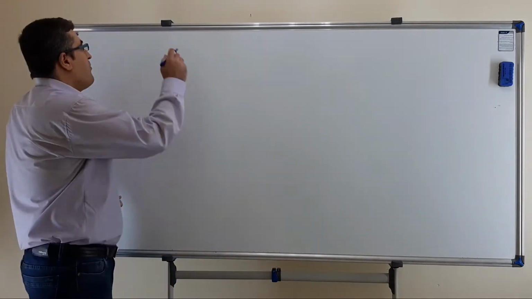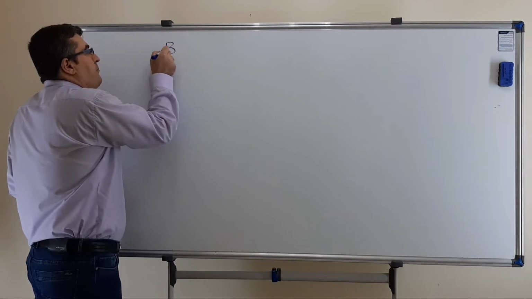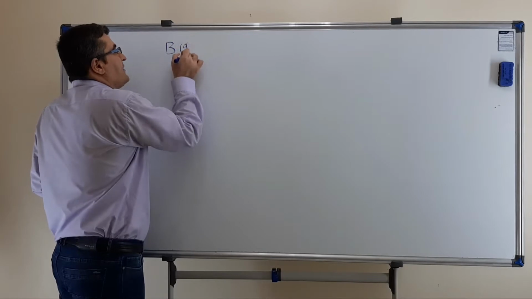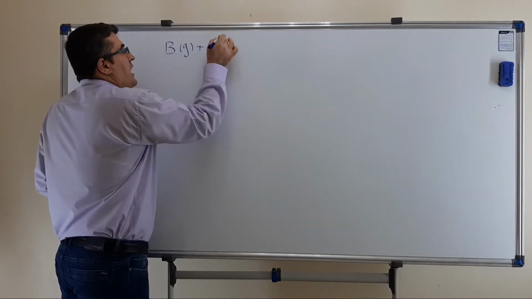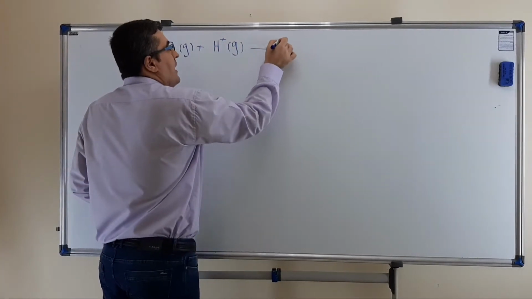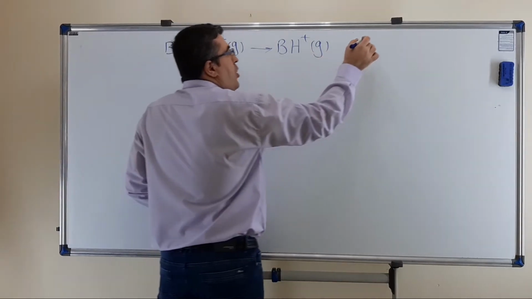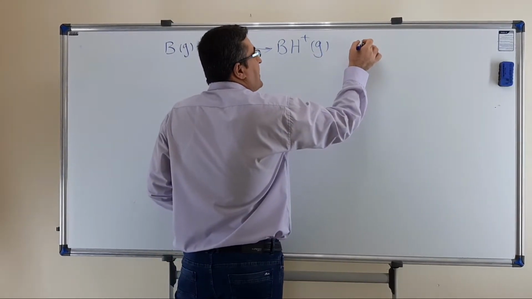The general form of the reaction can be written as follows: base in gas phase plus H+, a proton, yields BH+. Proton affinity is often abbreviated as PA.